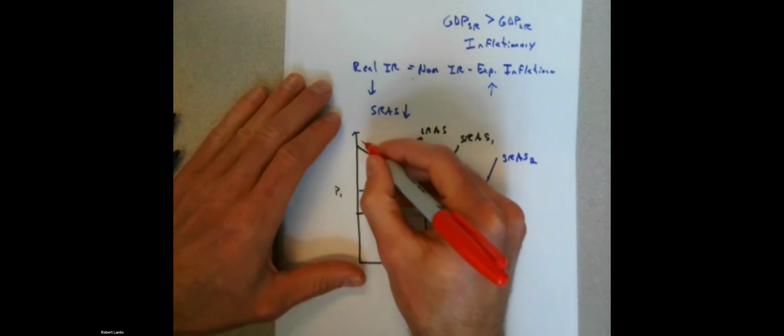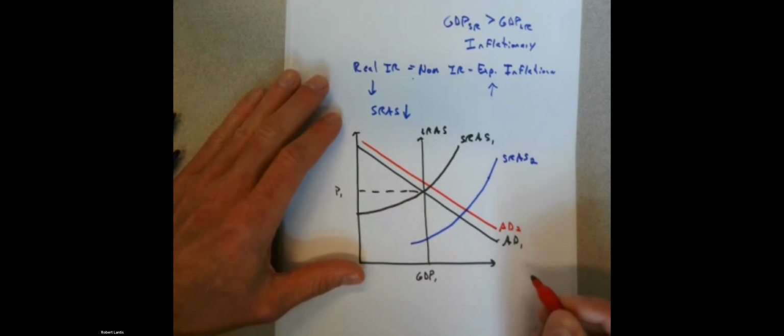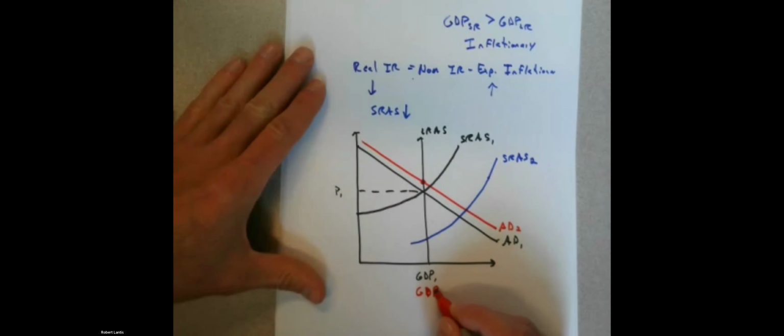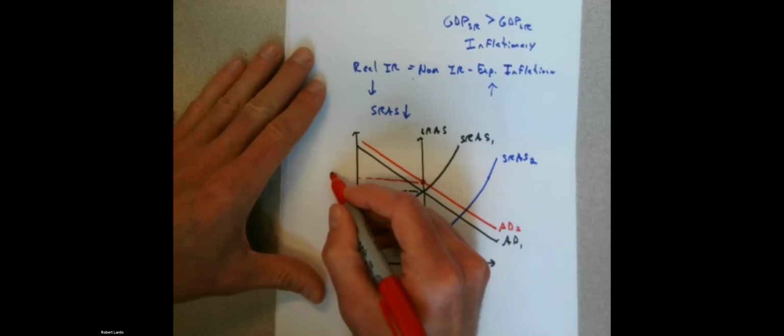So let's say for a second, we've got a really small aggregate demand increase. It's much smaller than that shift in short run aggregate supply. Well, where will our new long run point be? It's on our aggregate demand. So we can think about this as my long run GDP, and this would be my long run price.